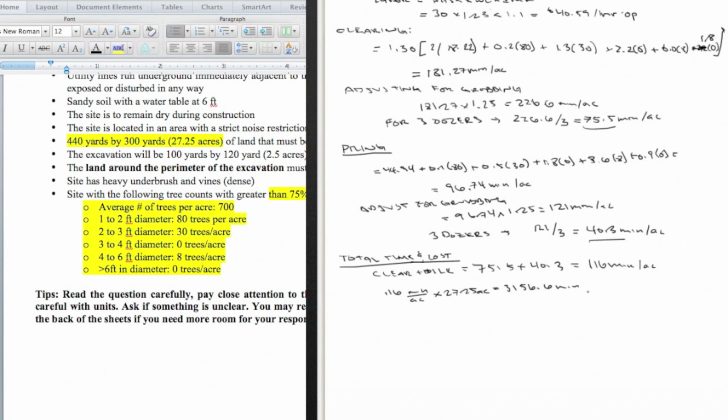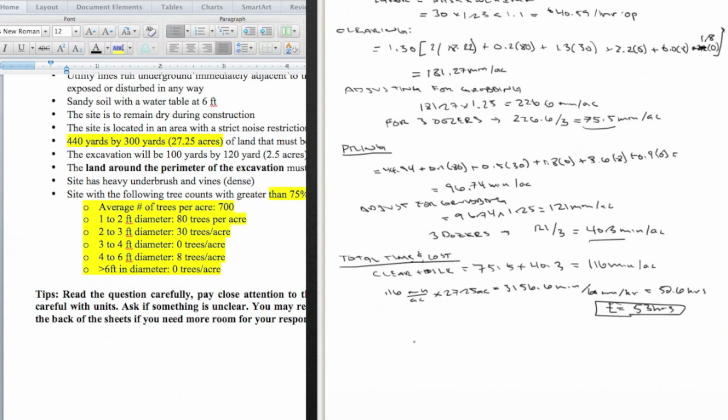We divide by 60 minutes in 1 hour, and we get 52.6 hours. You can round that to 53 hours, and there is the total time.